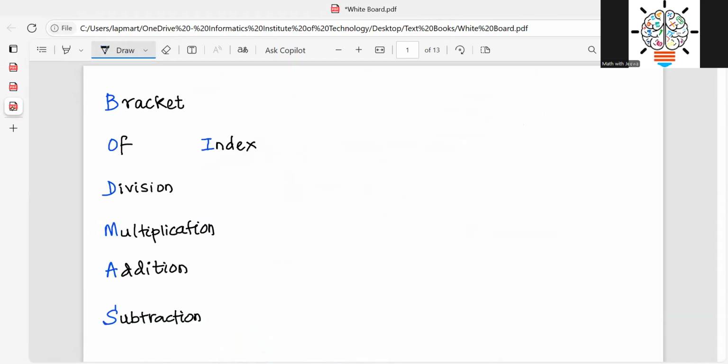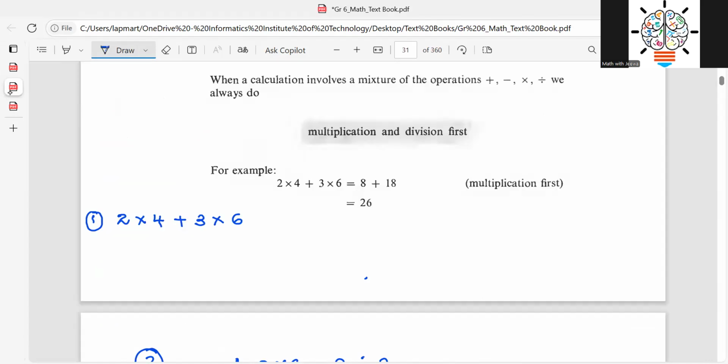No, we want to consider the multiplication first. I multiply 2 times 4, 8, and then 3 times 6, 18. Then I add them together. Here I write the answer is 26.